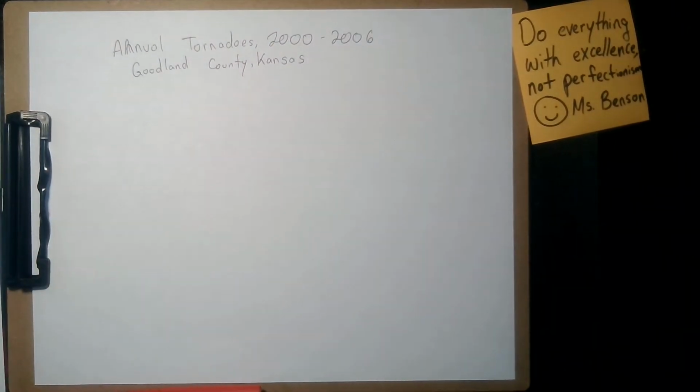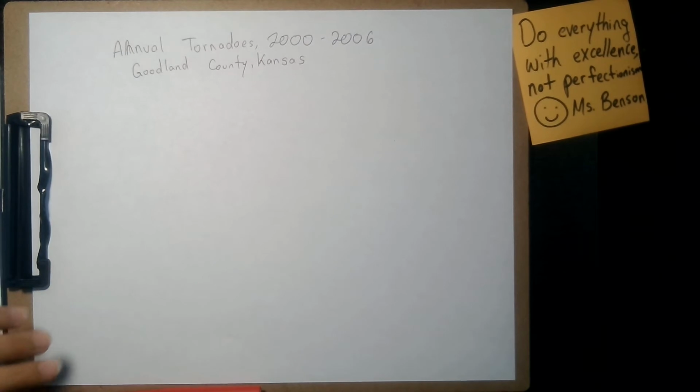This chart comes from the National Oceanic and Atmospheric Administration. I am saying where the charts are coming from because that's very important in science. Where are you getting your facts from? You can't just pull everything off of Wikipedia.